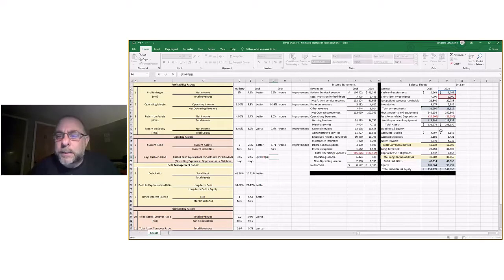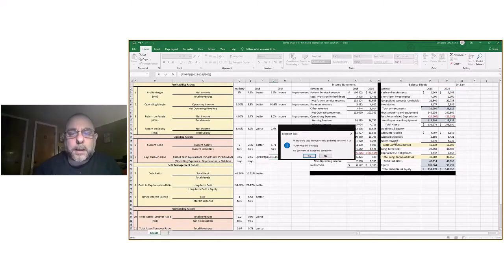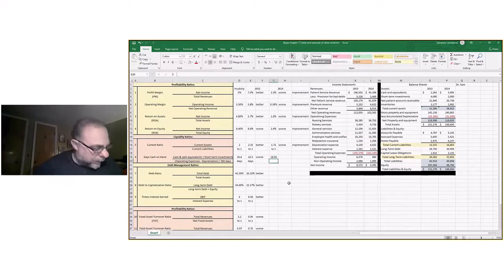And the operating expenses are right here, so I have to make that a negative. And then I want to subtract out my depreciation and then divide it by 365 days. And I get 18.95. Let me see, I did this before. Yep, that's exactly what I got.